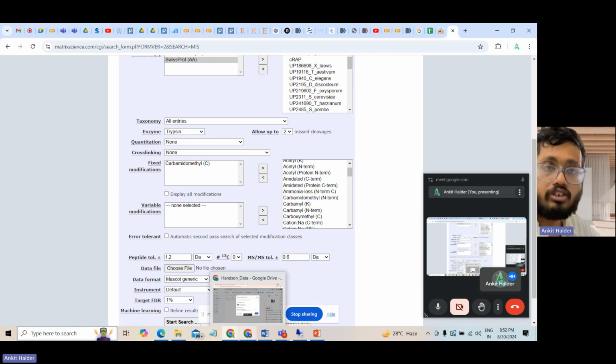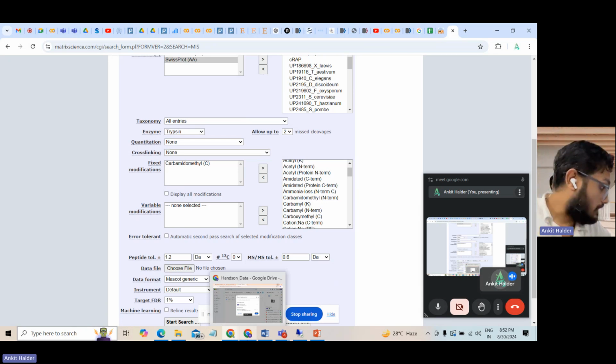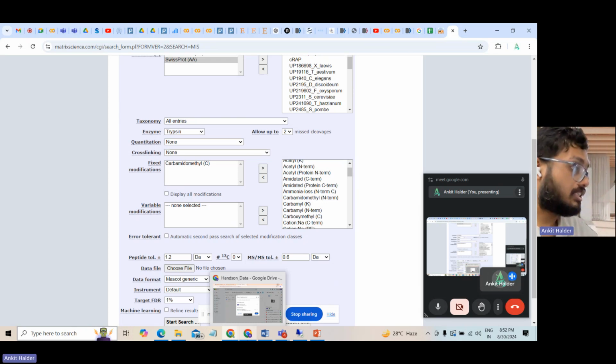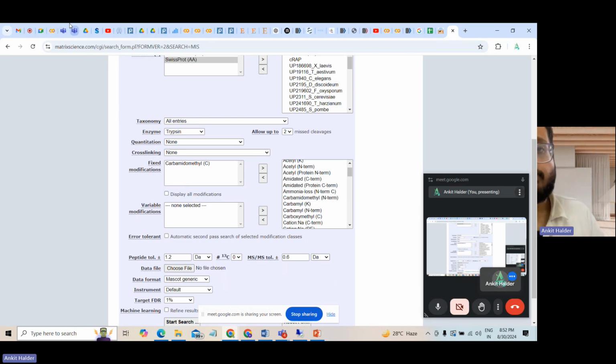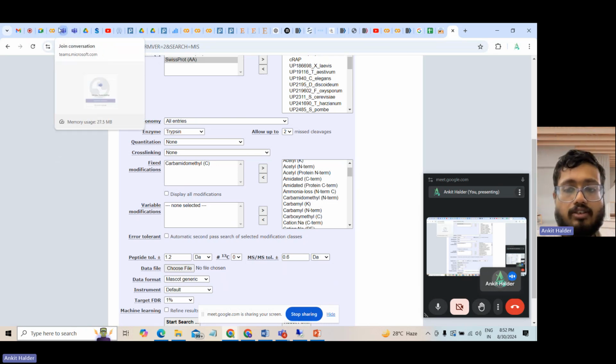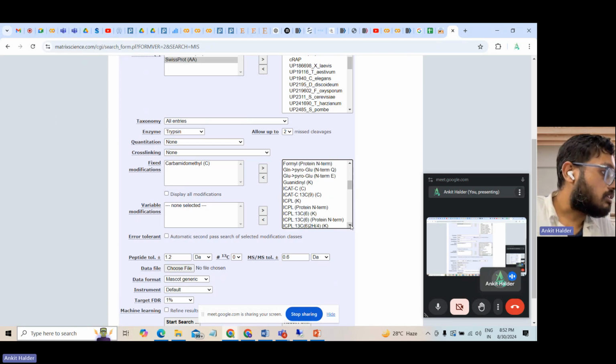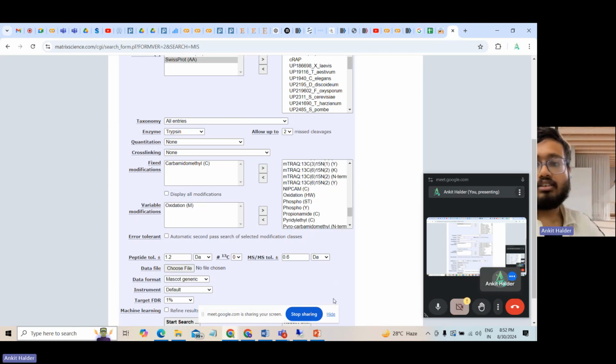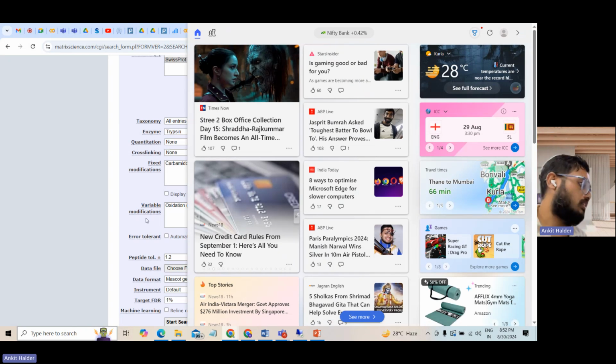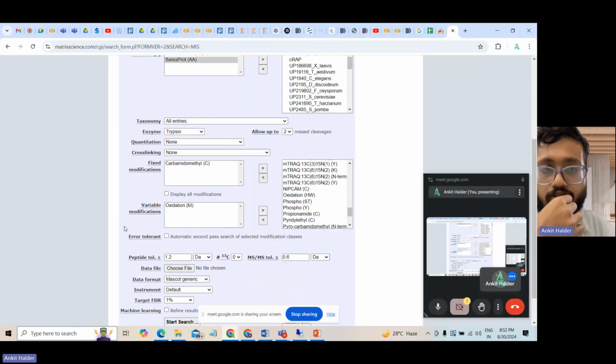Whenever we do the sample preparation, we are adding it, so that's what we get in the fixed modification. In the variable modification, if we want to check phosphorylation and all, those are not fixed; rather, it depends on the status of those particular proteins. Here we can use oxidation of methionine. We can discuss it in more detail in the coming class, regarding each sample type and how we can use it.